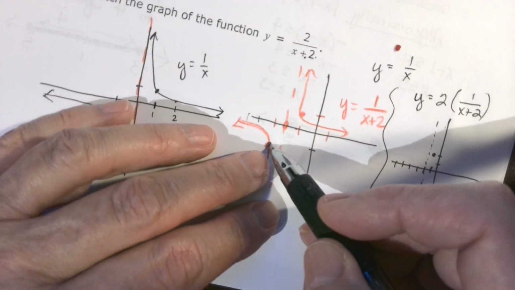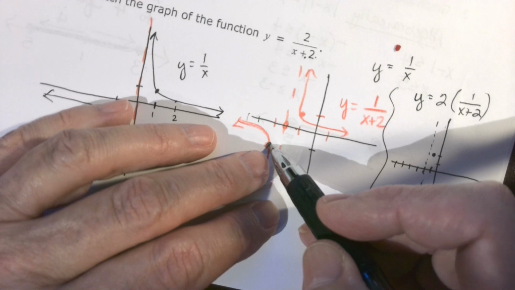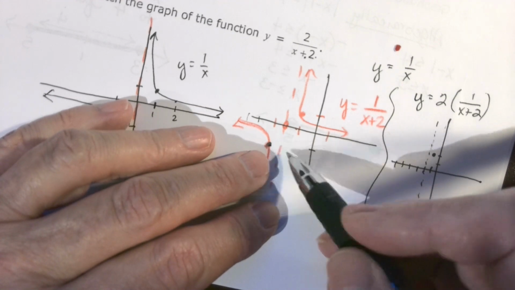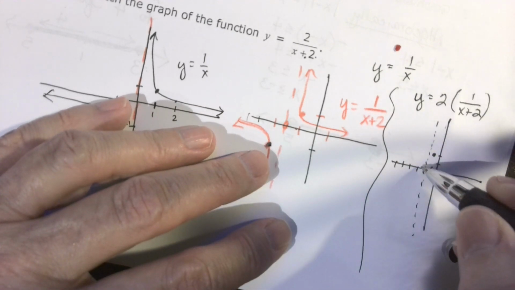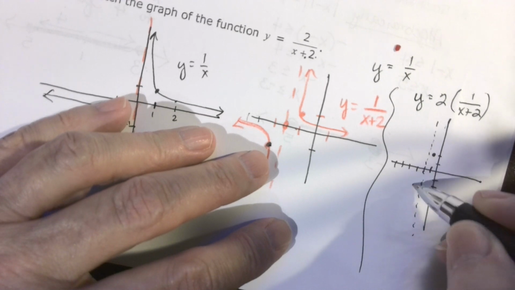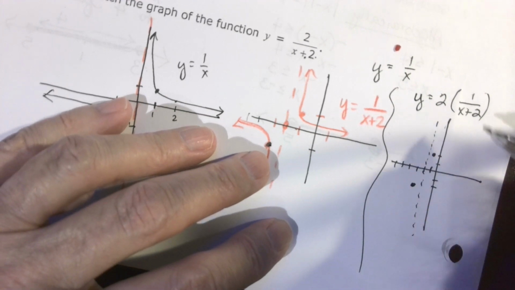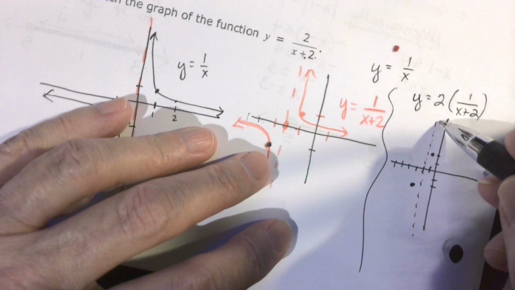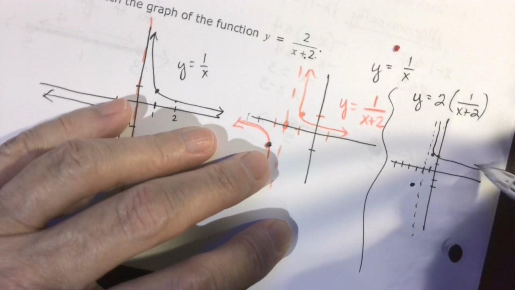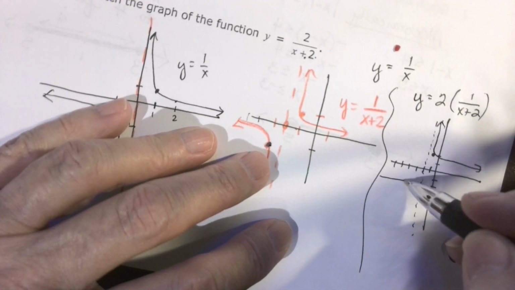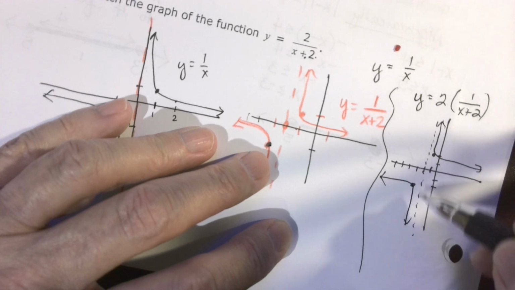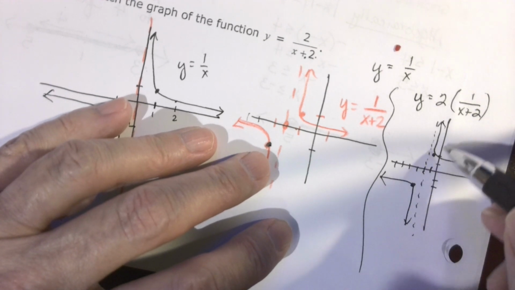Multiply that y by 2. So if you had -1, you multiply by 2, you get -2. So we're going to be down here at -2. And all that has happened here is this whole thing is just going to look the same, but it's just going to shift. With a multiplier of 2, it makes that one go up, makes this one come down.